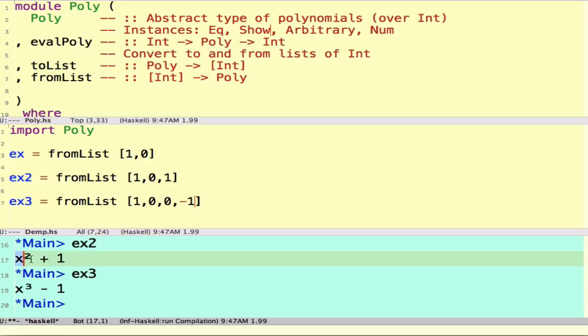Now this way of printing it out is nice up to about the power of 9, because there's a character for the superscript up to about the power of 9. Once you get beyond the power of 9, then things start to get messy. For example, I need a list of length 10.